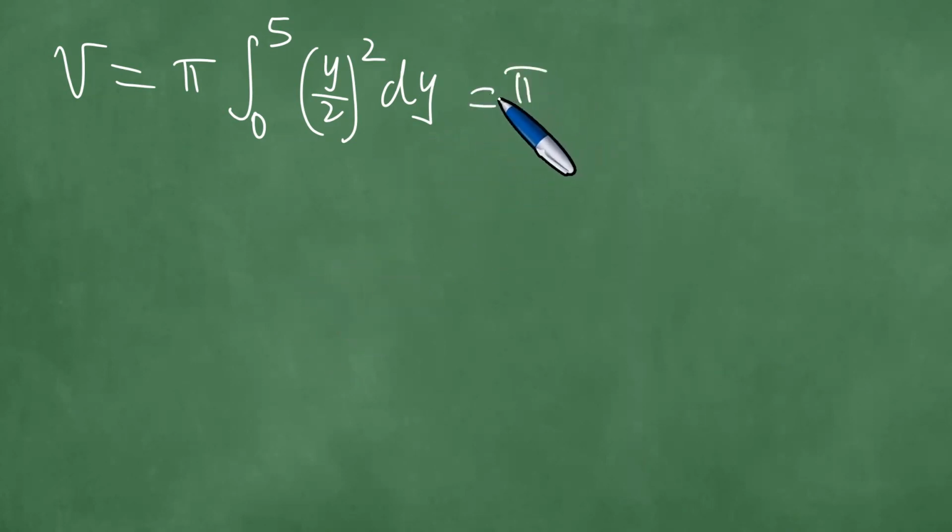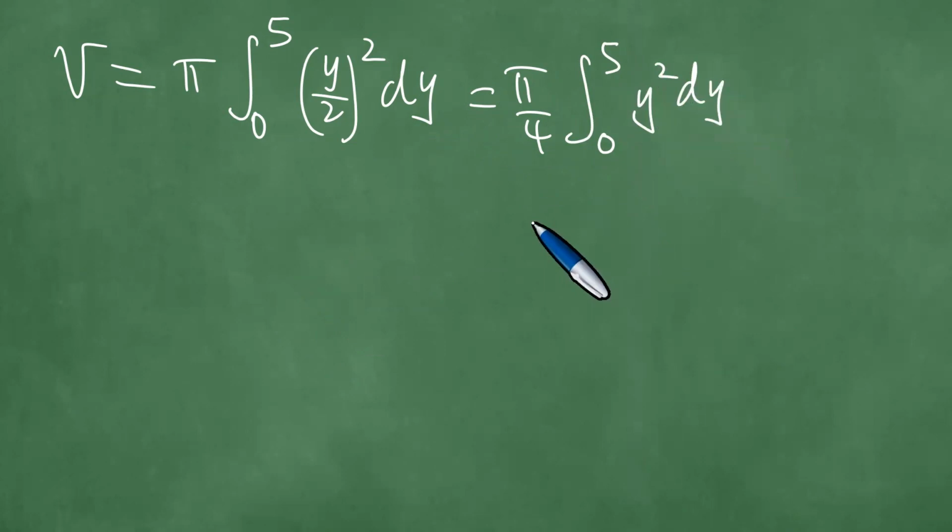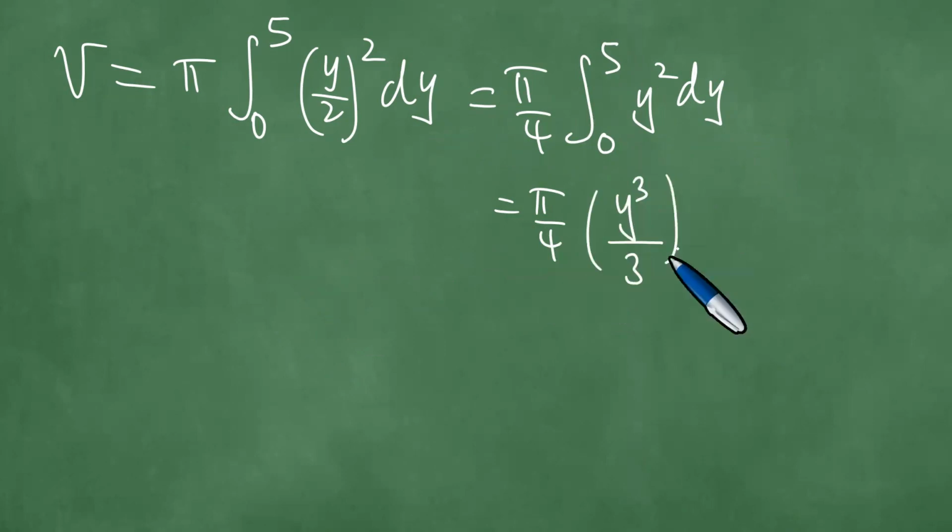Pi out of 4, integral of y squared dy, pi out of 4, y cubed out of 3 from 0.